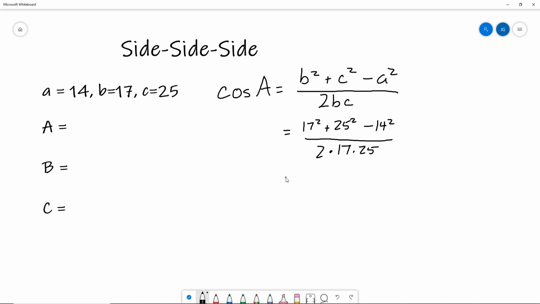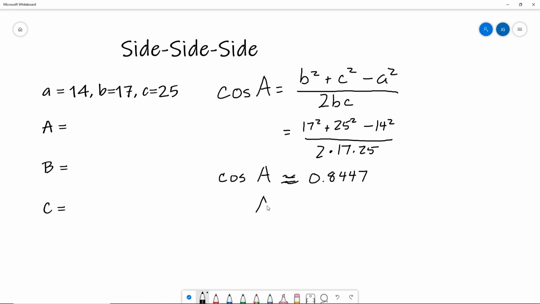If we plug this into a calculator, this is going to be approximately equal to 0.8447. So that's what my cosine of A value is going to be.